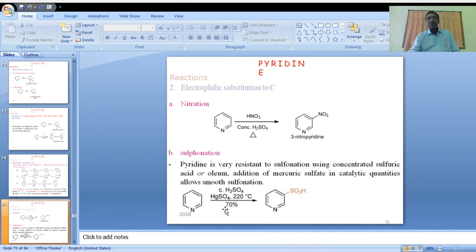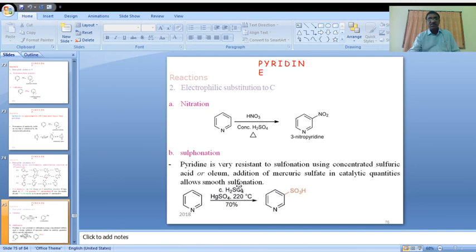This reaction proceeds in a smooth manner. For that purpose we are using a small, catalytic quantity of mercuric sulfate. Heat the reaction mixture at 220 degrees centigrade.